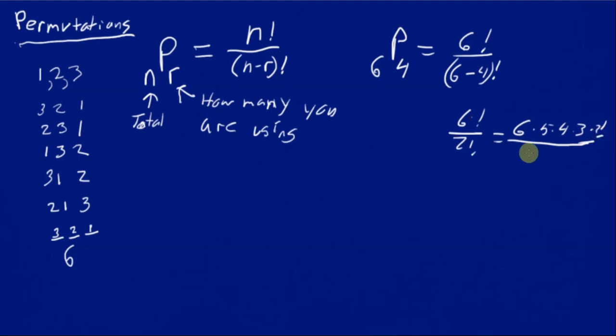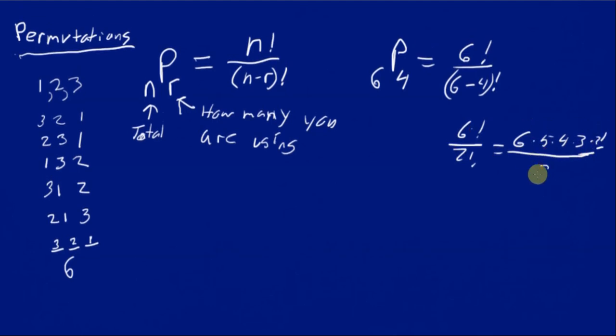That's a factorial there. And the 2 factorials will cancel out, leaving me 6 times 5, which is 30. 30 times 4 is 120. And 120 times 3 is going to be 360.